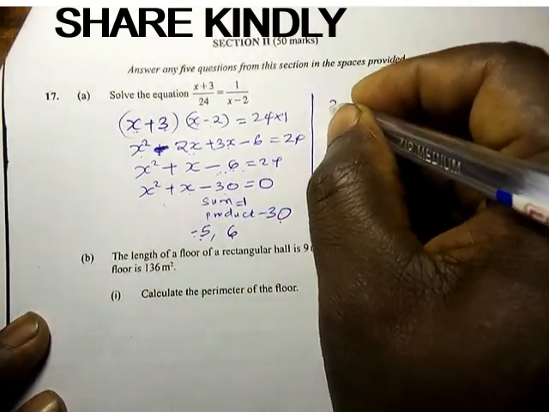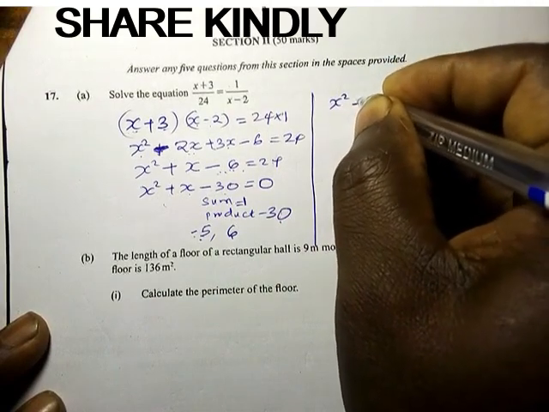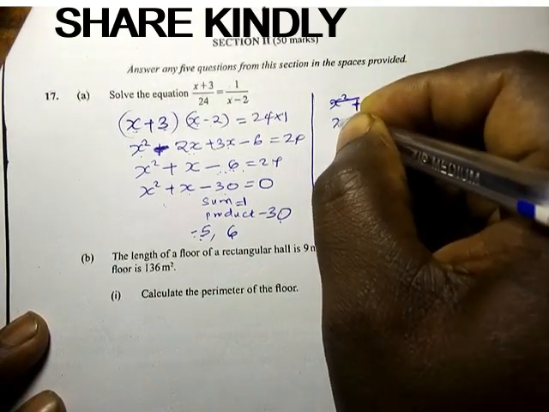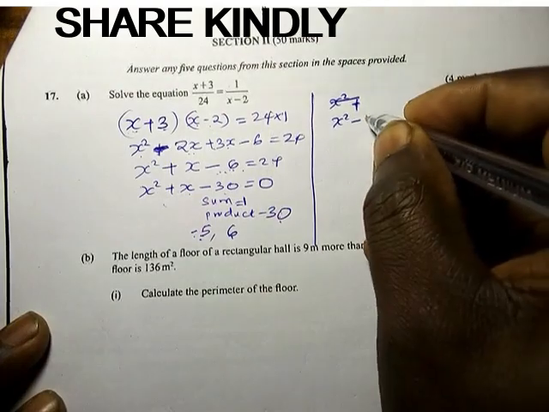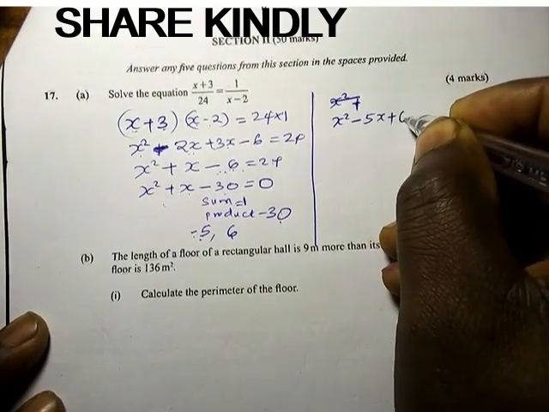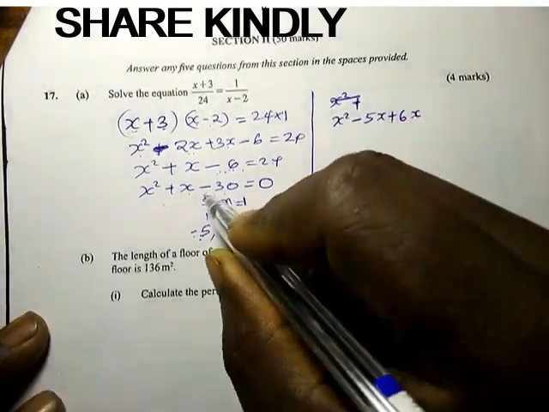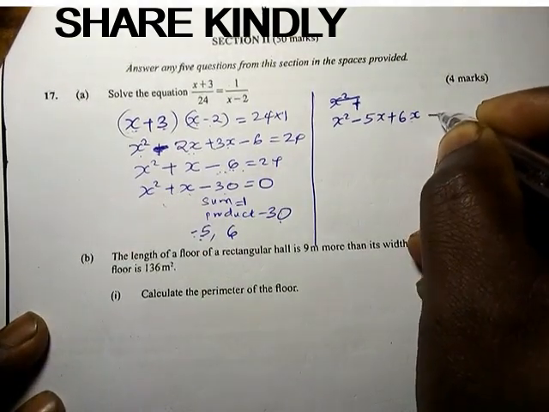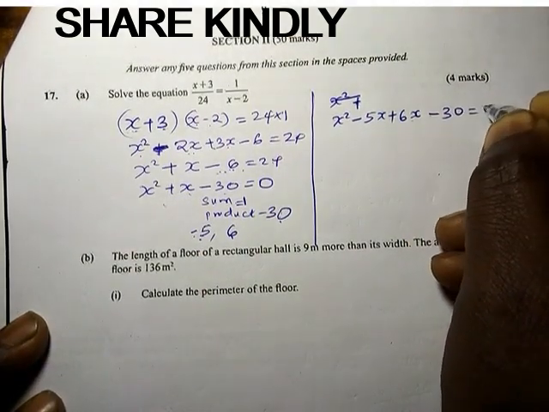Now we will have x squared minus 5x plus 6x. This one will give us 1x minus 30 equal to 0.